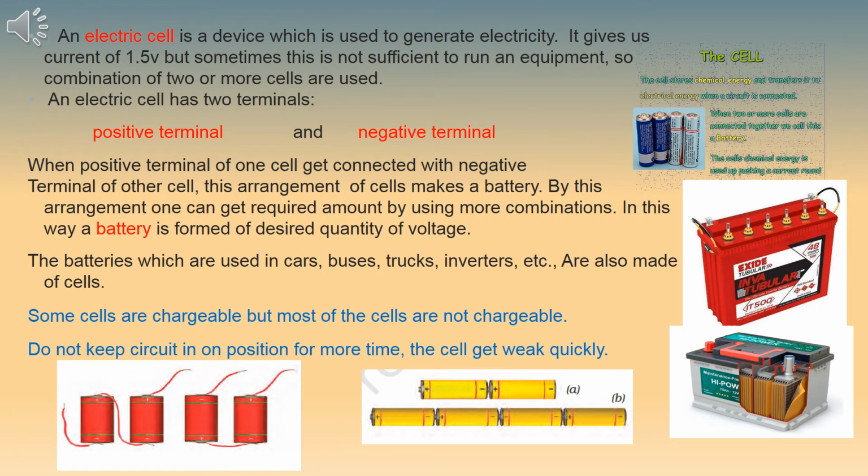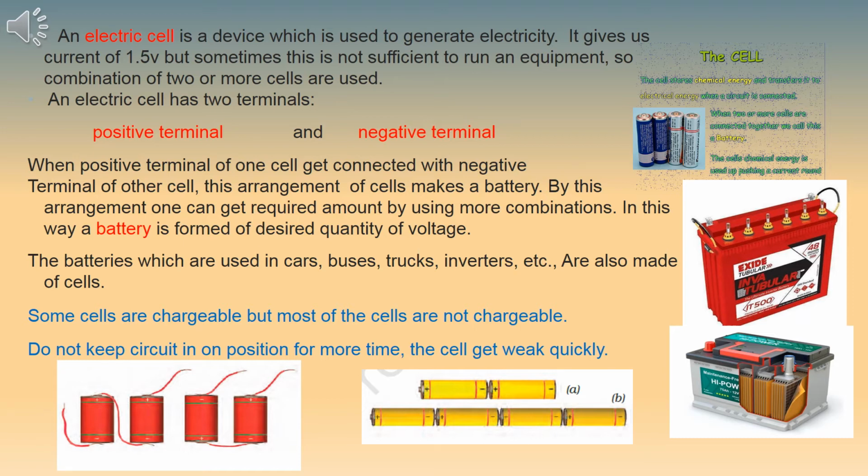Now I'm going to tell you about the electric cell. An electric cell is a device which is used to generate electricity. It gives us 1.5 volts, but sometimes it is not sufficient to run an equipment. So we use combinations of two or more cells, right? That is what we call a battery. An electric cell has two terminals, right?